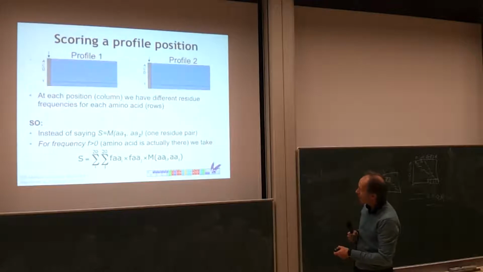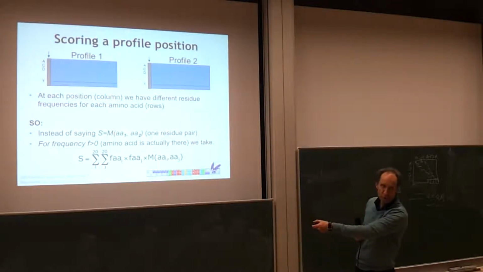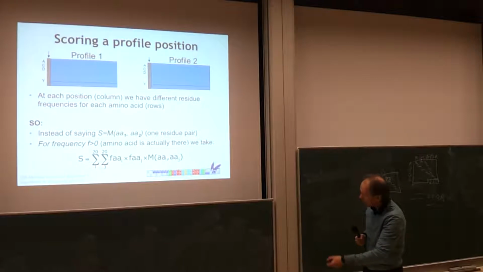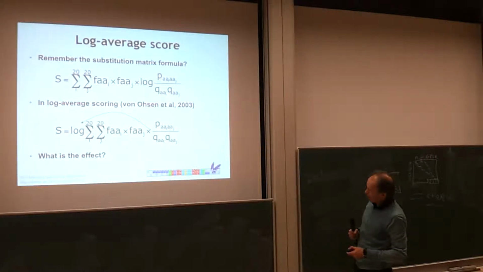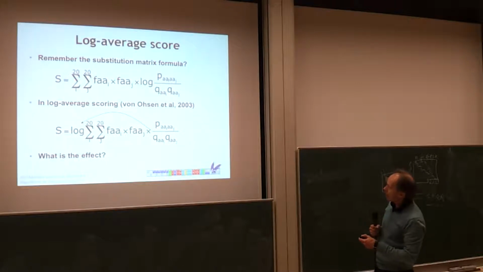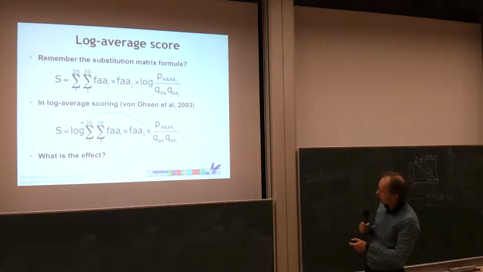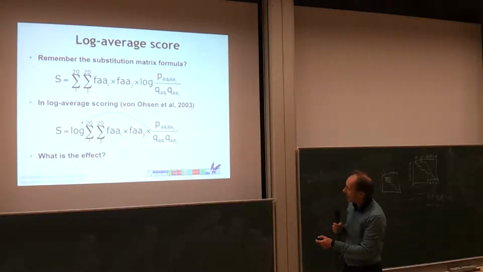Basically, over all possible pairs, you take the frequency times the exchange value, either from a matrix, or any other scheme. The score is always the log score out of those matrices, and now there are some programs who want to weigh the frequencies by putting the log in front of the whole bit. So some programs do this, and this is the general scheme.